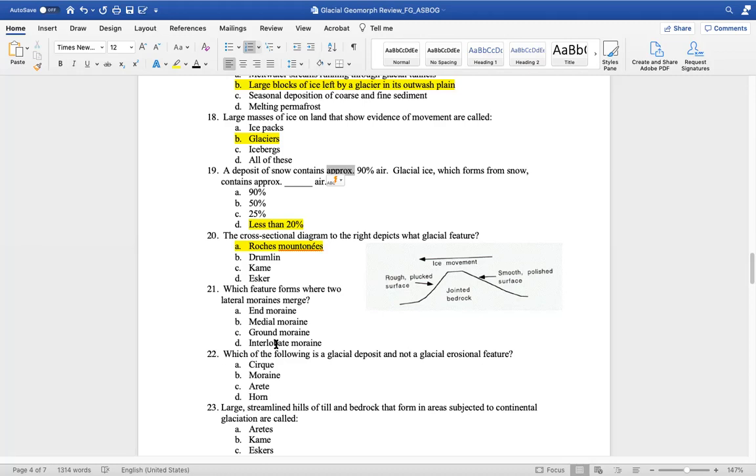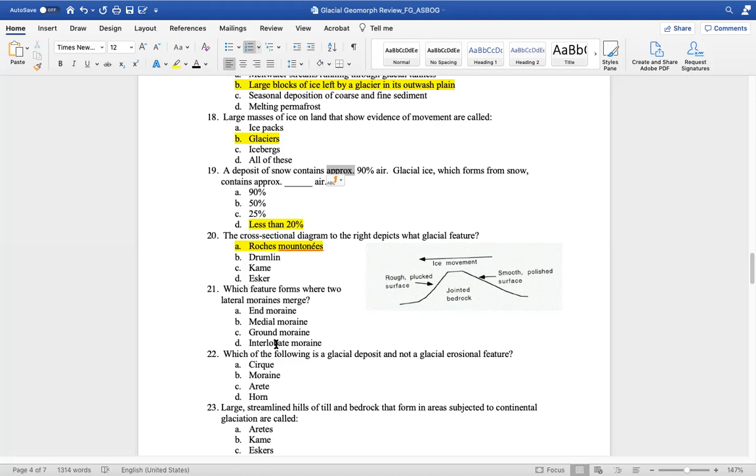And that's what a moraine is, this narrow zone of debris. What we're seeing for medial moraines is when two lateral moraines join at some intersection of the ice streams, we're going to see that medial moraine.